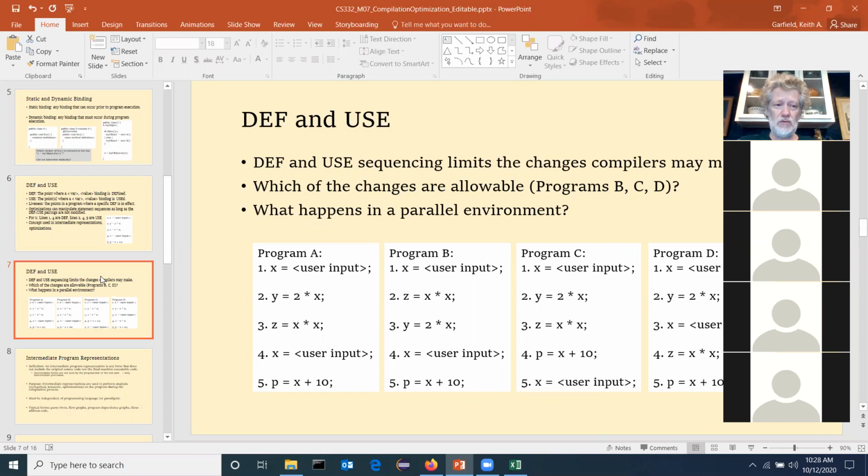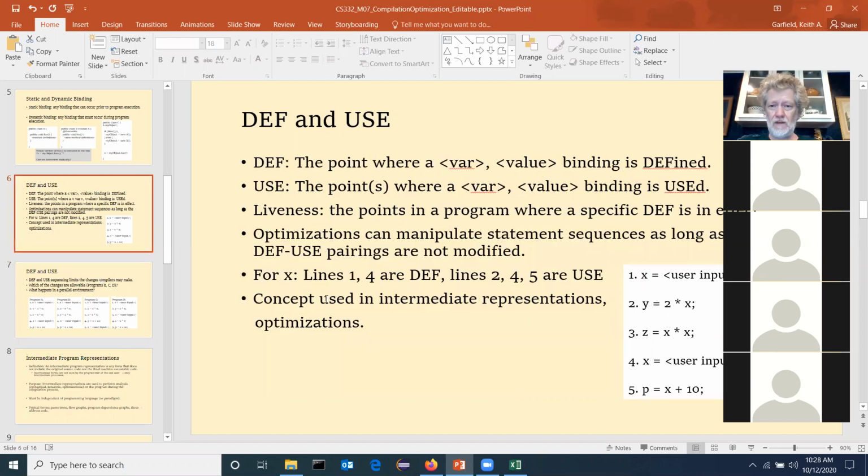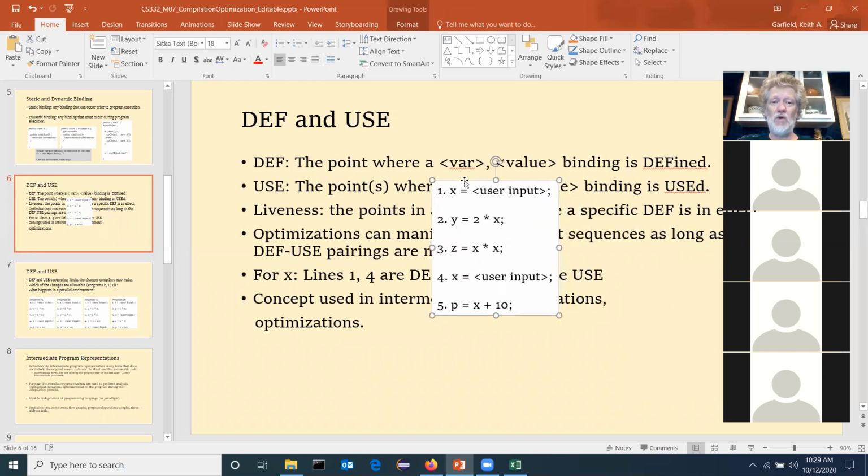You can get into, well, let me show you something else. You can get into situations where you have some fairly benign changes. For example, one way to not worry about liveness, even though you, the programmer, just kept reusing X because you like to use X, and you kept reusing it.